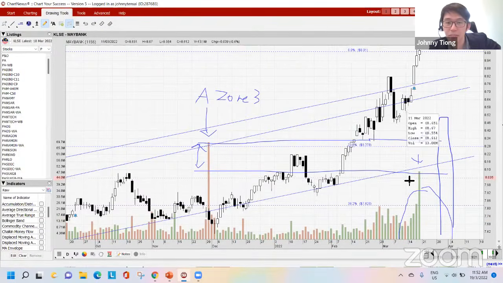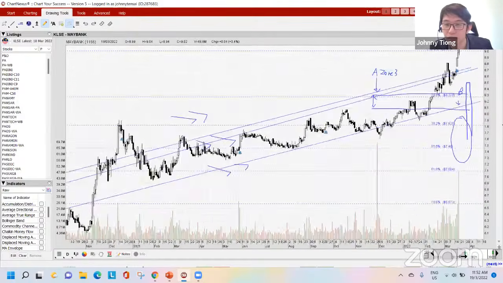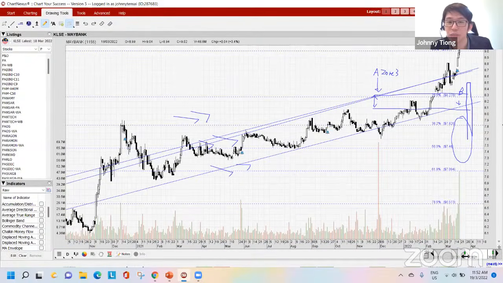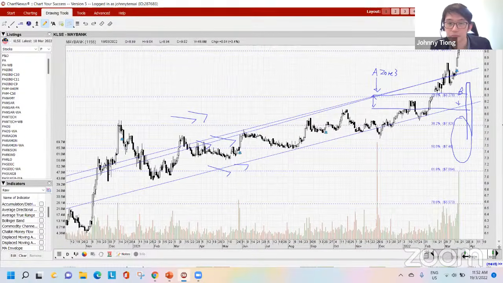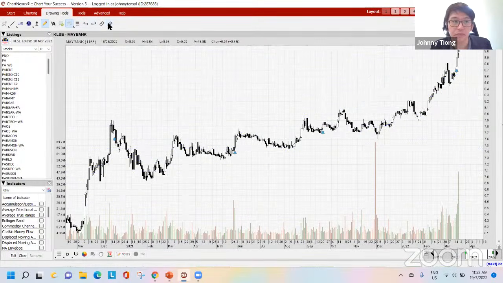But for the time being, because of this candle, and now it's slowly going up, it won't be appearing on my radar. But currently it's still in a bullish mode, continuing to go up, an uptrend stock. If you have it, continue to keep it.